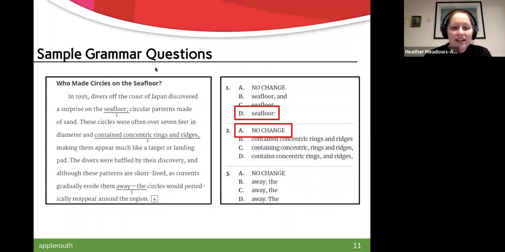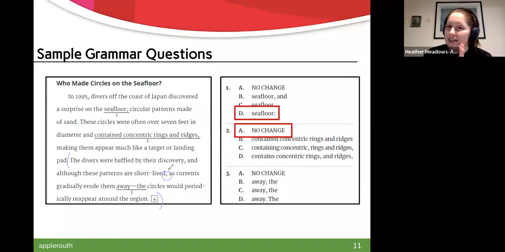Look at this last one. Long sentence. The divers are baffled by their discovery, and although these patterns are short-lived, as currents gradually erode them away, circles will periodically reappear around the region. Okay, the key here is that we have an opening comma for this little phrase, as currents gradually erode them away. That's kind of like an aside. It's something you can put in parentheses.